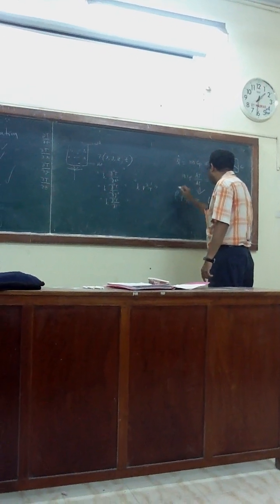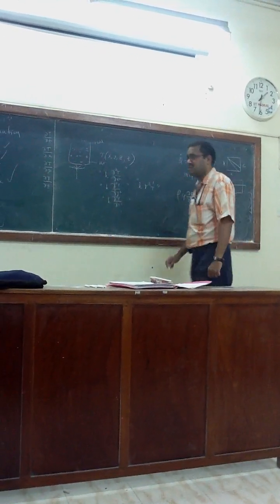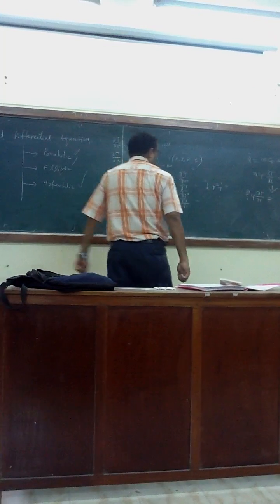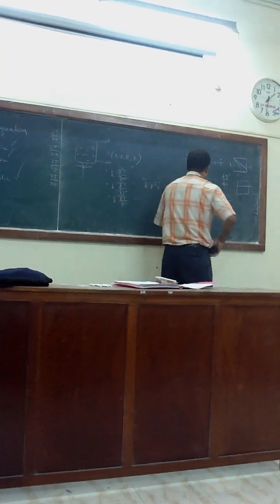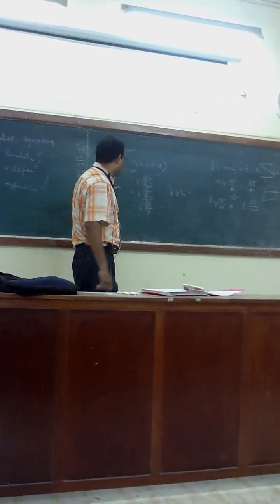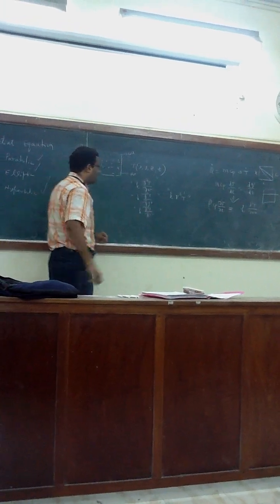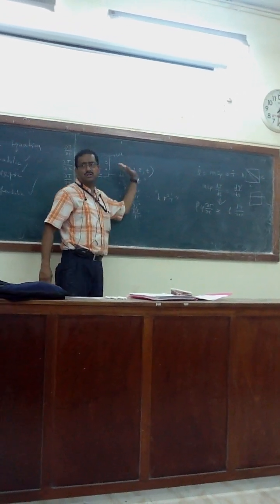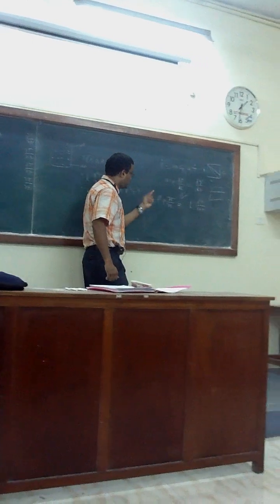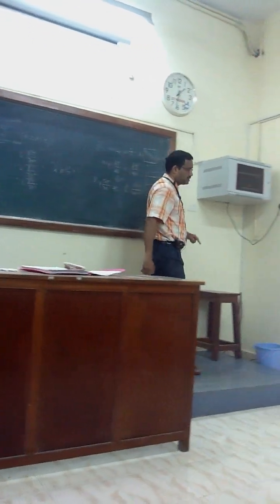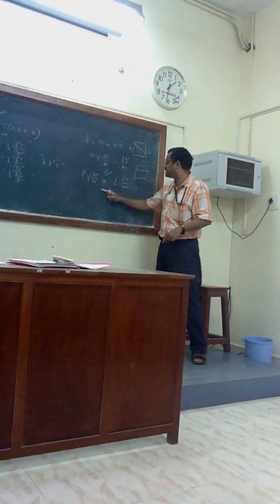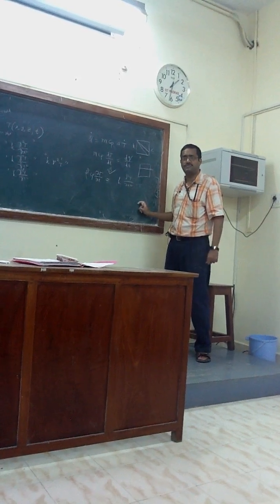I am writing in terms of per unit mass. I am assuming that there is no Bunsen burner. I am switching off the Bunsen burner. I am just saying initially it is hot, this is cold, and each point temperature is a function of position and time, and from this it is coming like this, pure conduction.